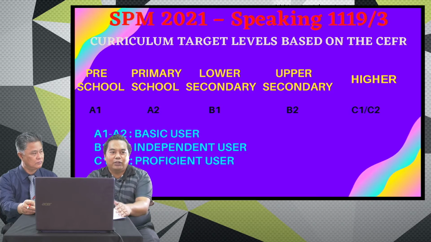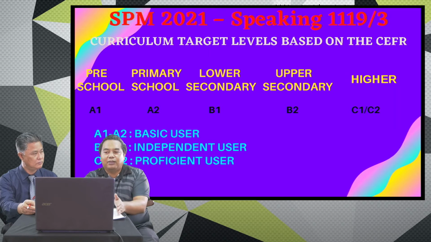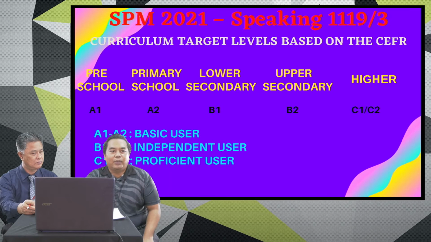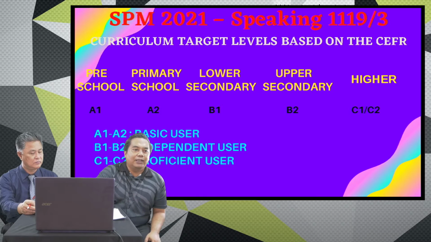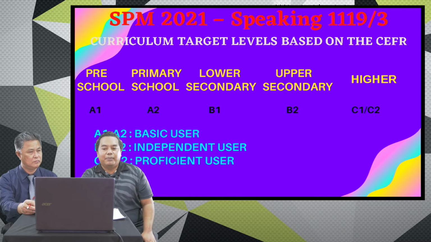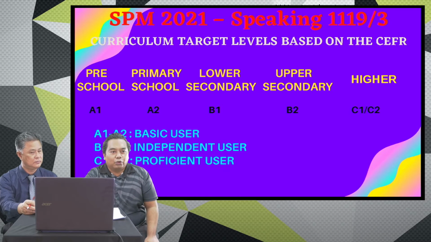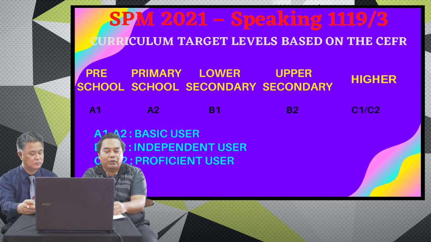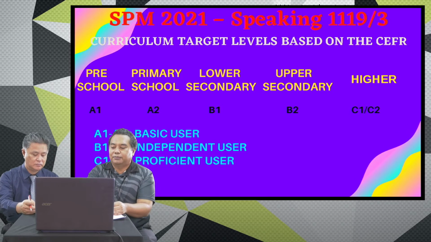We are not going to ask more than the standard, for example advanced questions at the level of C1 and C2. We will determine whether they achieve the level or not. The main target for SPM this year is to see whether our students have achieved the level of B2 or not.